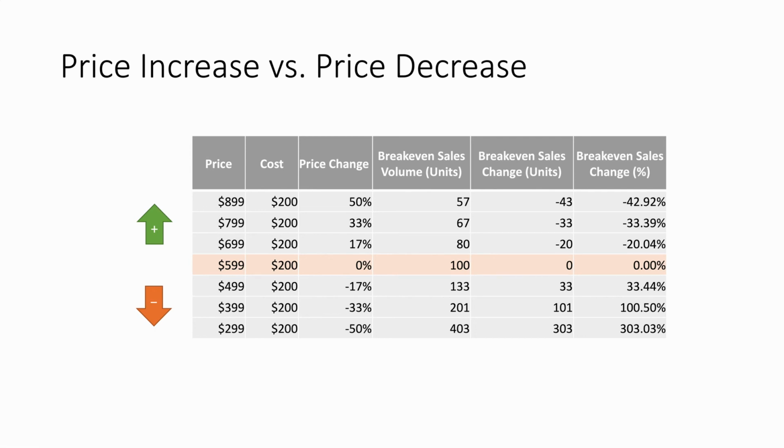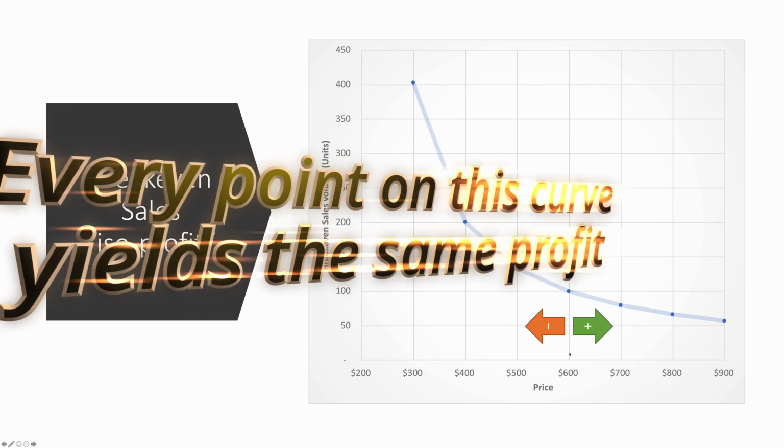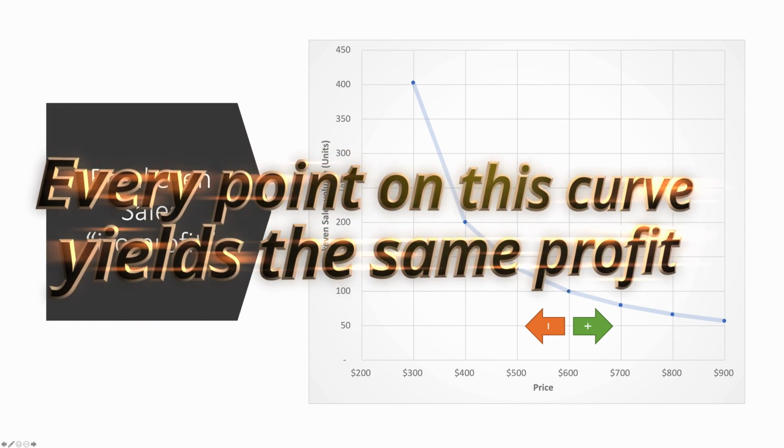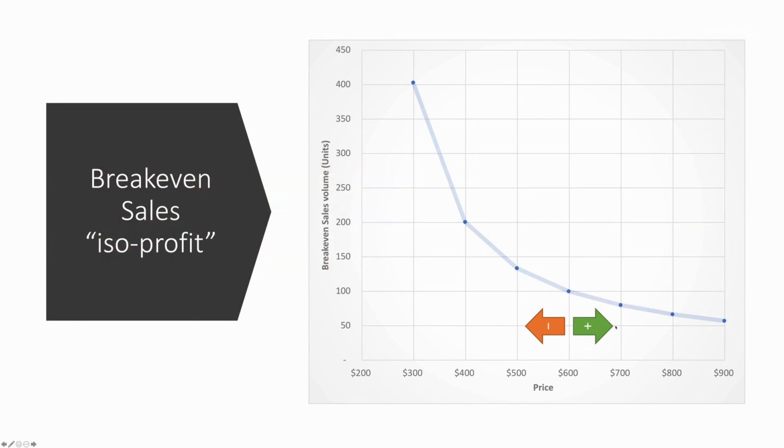In order to demonstrate this, I have laid out what we call an iso-profit, that is the equal profit curve, in terms of incremental break-even sales. So what we are looking at is $5.99. This is the baseline scenario in the middle of the curve. And towards the right are price increases, towards the left are price decreases.